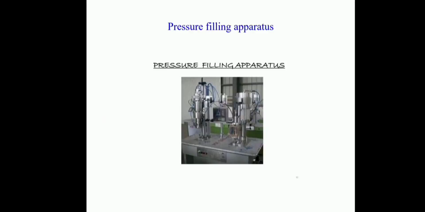Then the second apparatus is the pressure filling apparatus. The pressure filling apparatus consists of a metering burette capable of measuring the amount of propellant to be filled into the aerosol container. The propellant is added through the inlet valve present at the bottom of the valves under its own vapor pressure.